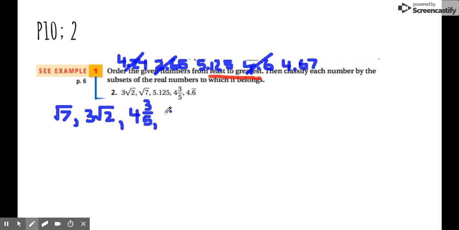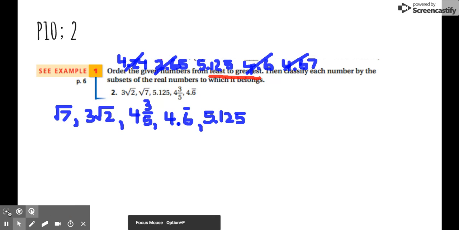Next one would be 4.67 or 4.6 repeating. And then the last one is 5.125.